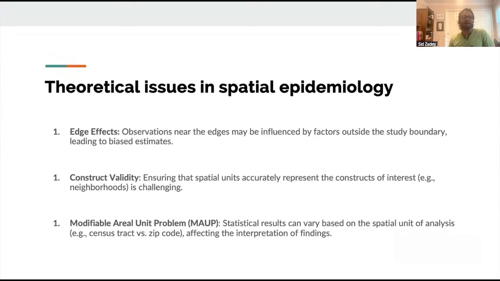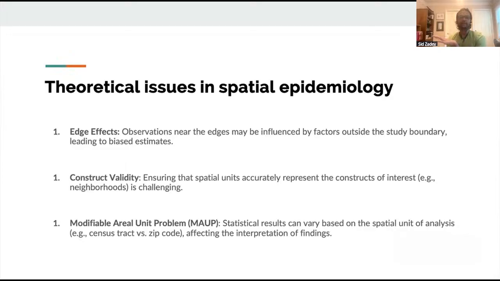So when we talk about things like neighborhood crime, what variable do we really use that can proxy the construct of neighborhood crime? That's always challenging. And then we have the modifiable areal unit problem, which goes back to all the literature that we usually talk about, like ecological fallacy.